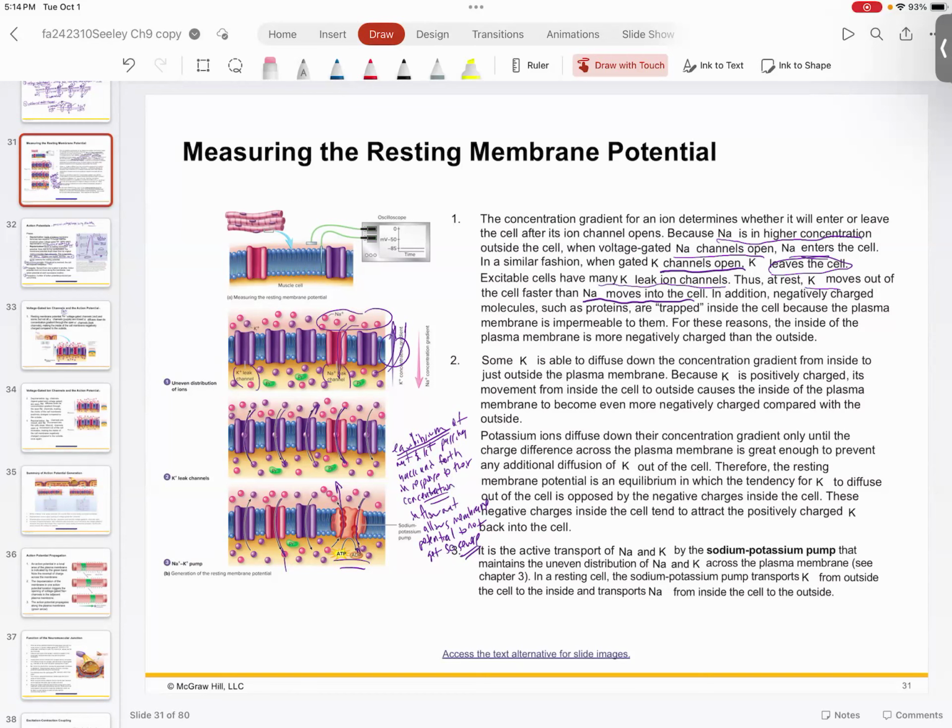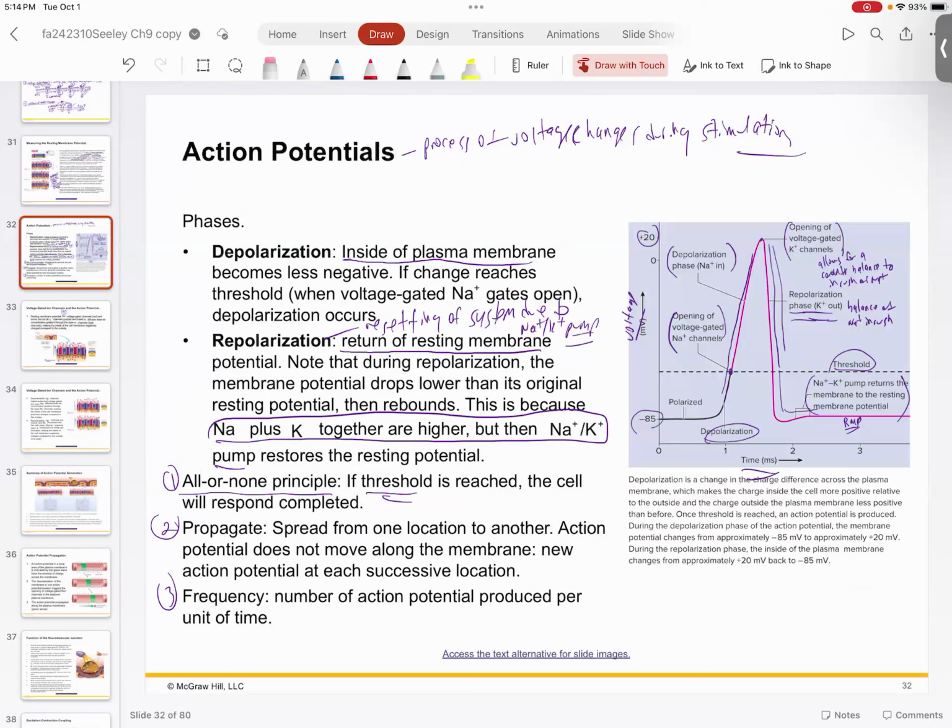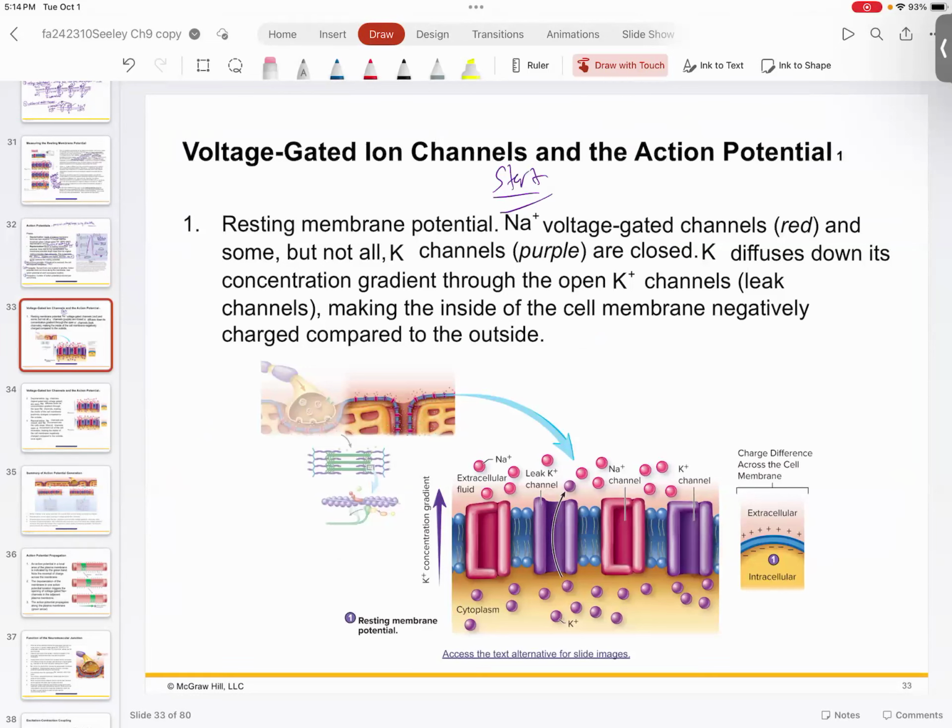Because that'll create that kind of static electrical charge. And we took a look at the action potential curve, the depolarization and the repolarization curves associated with action potential.